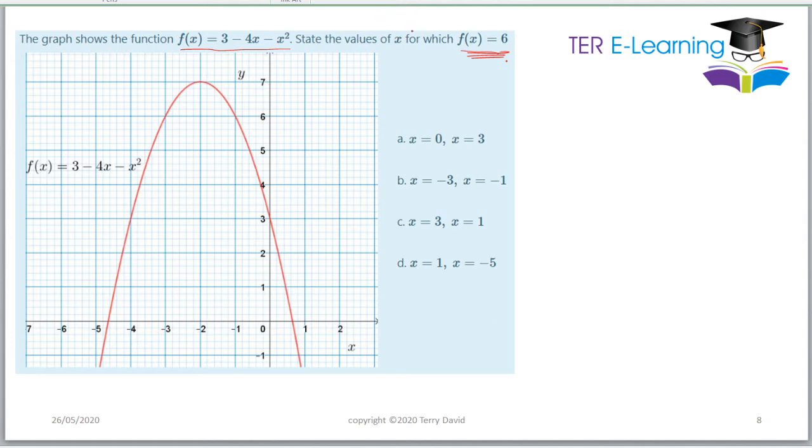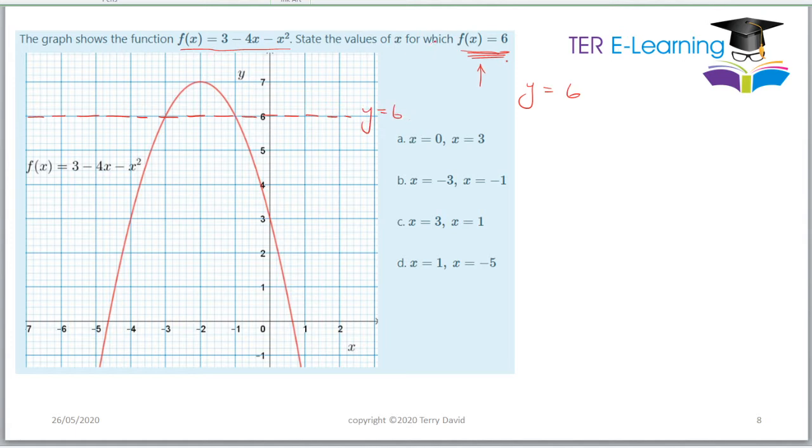So based on the explanation I gave you all just now, when we have to solve something like this, where f of x is equal to 6, what that is asking us is, where does a graph cut the line y equal to 6? So the first thing we need to do is draw the line y equal to 6, which, as I explained previously, is a horizontal line. So this here is y equal to 6.